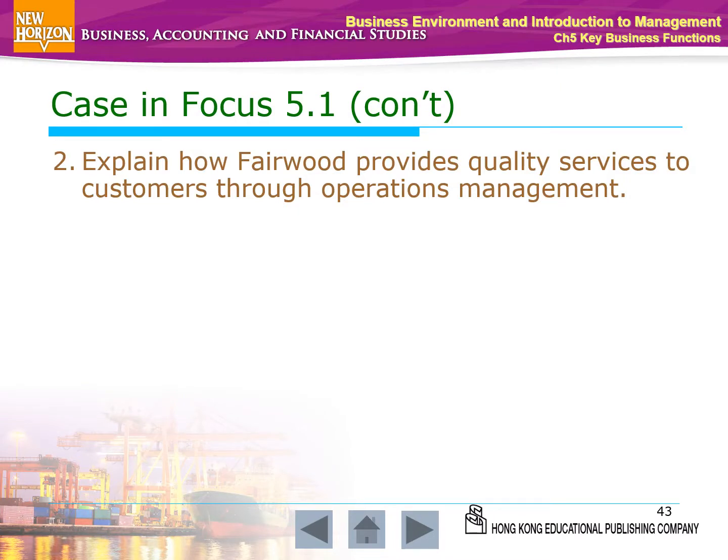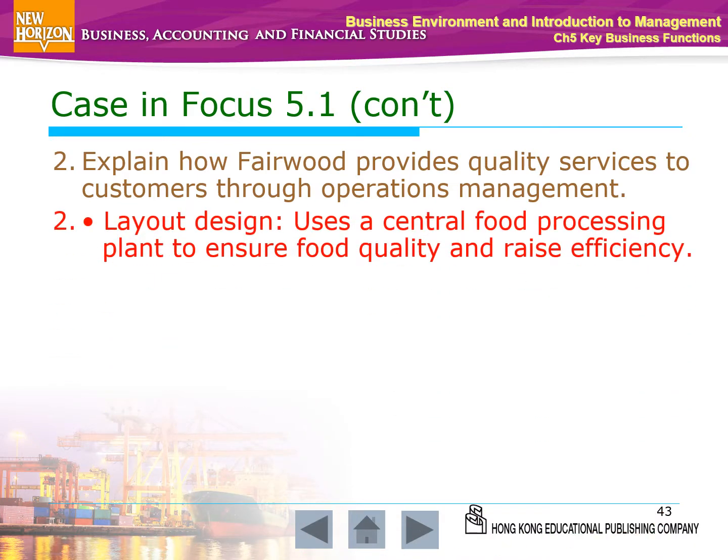Number 2, explain how Fairwood provides quality services to customers through operations management. Number 1, the layout design. Of course, the layout design is about providing a better environment for the customer. And of course, to ensure the quality of the food is able to meet the expectations of the customers.